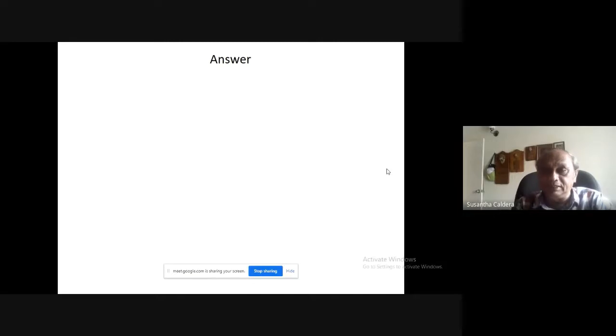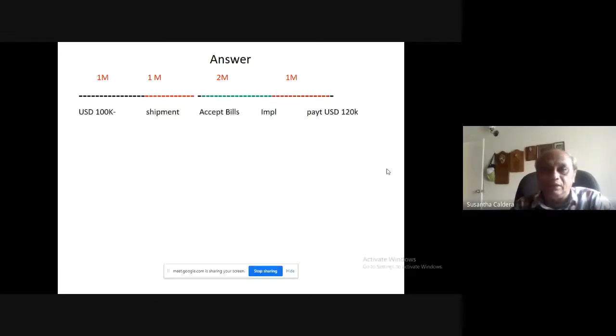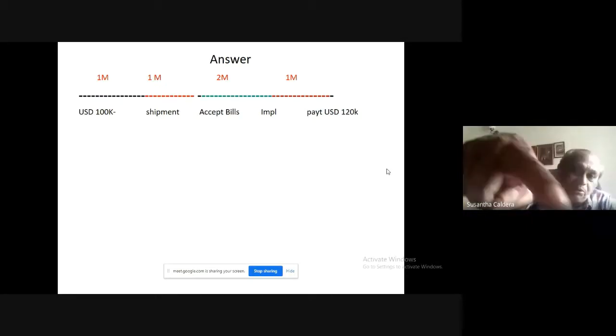Now we'll go for the answer. First, we have to draw the straight line and mark everything there. It's crude, but something is better than nothing. We have opened the LC for US dollars 100,000 one month before the shipment.